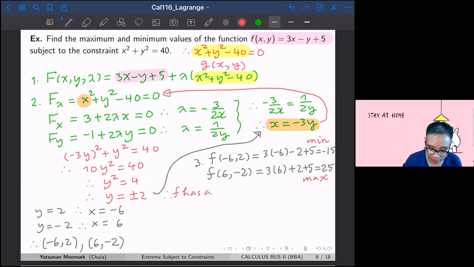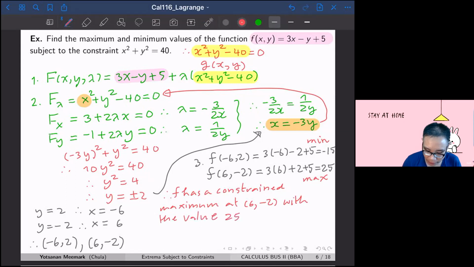F has a constraint maximum at 6, -2 with the value 25, and F has a constraint minimum, okay, at -6, 2 with the value -15.